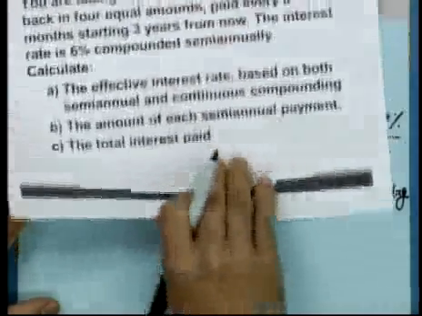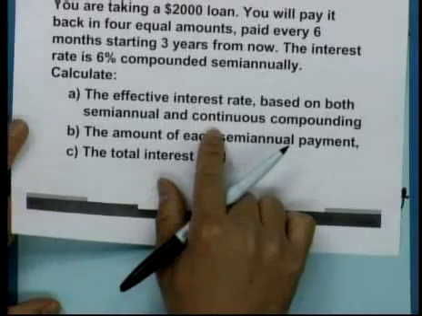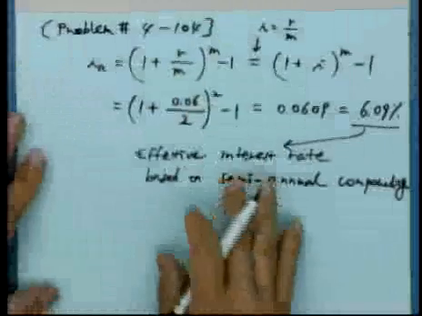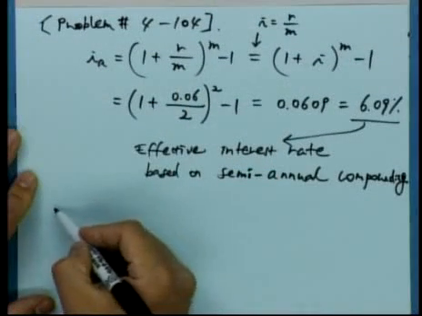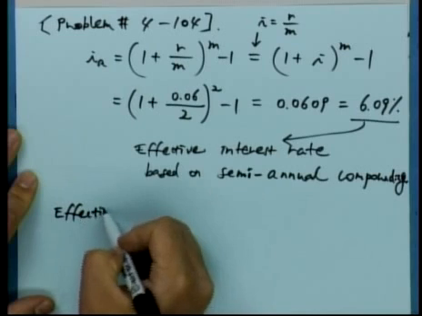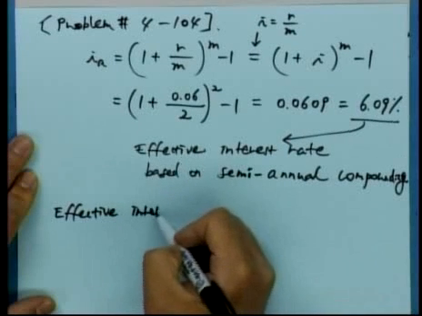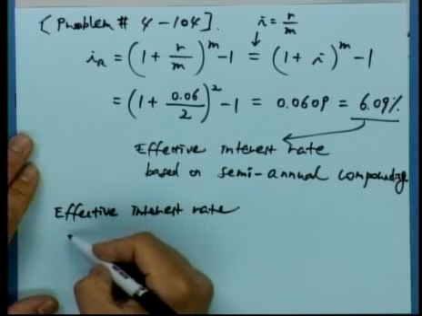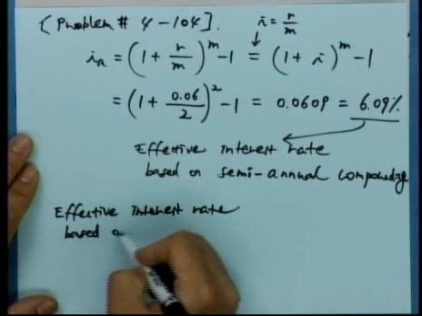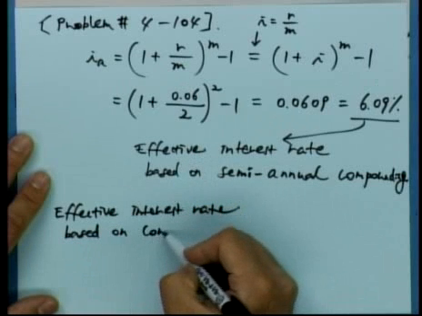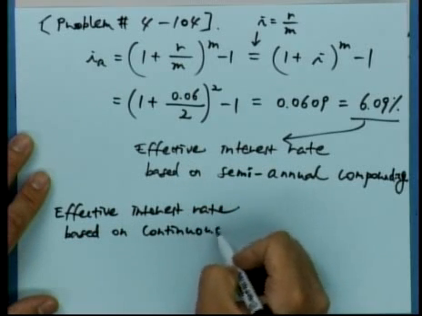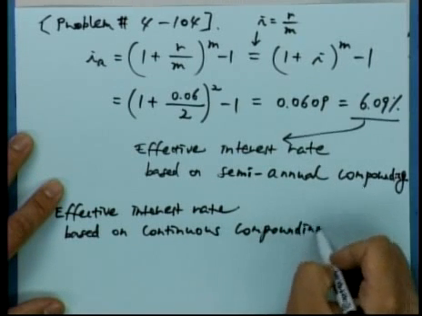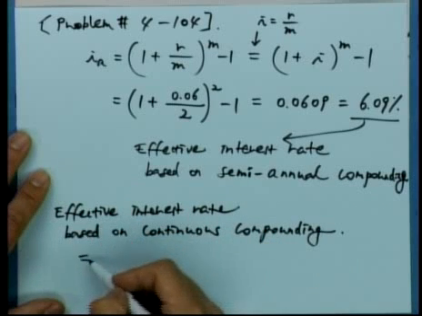Now let's compute the effective interest rate for the continuous compounding. So the effective interest rate based on continuous compounding. How would you get this?